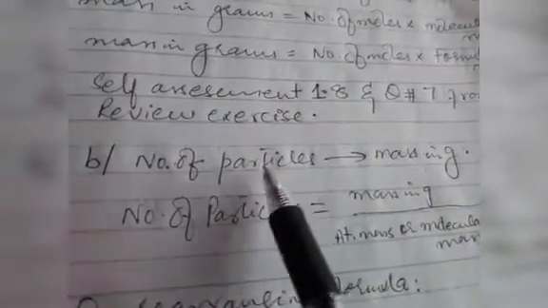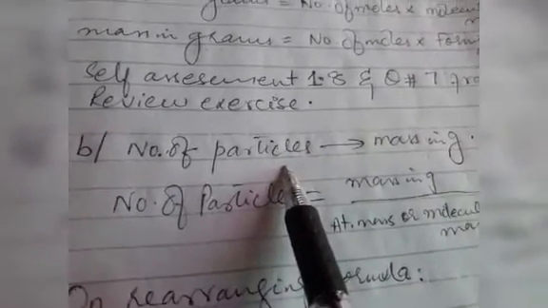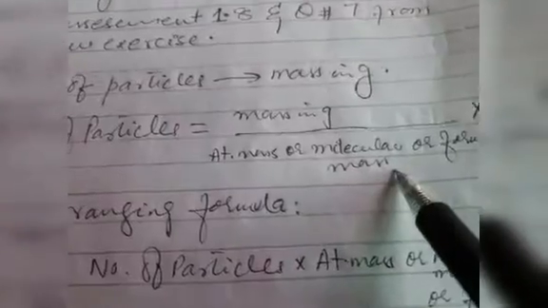Now another type of questions in which number of particles will be given to you and you have to calculate mass in gram, or mass in gram is given to you and you have to calculate number of particles. Okay, as we have already studied, number of particles is equal to mass in gram over atomic mass, molecular mass or formula mass multiplied by Avogadro's number. Now we will rearrange this formula to calculate mass in gram.